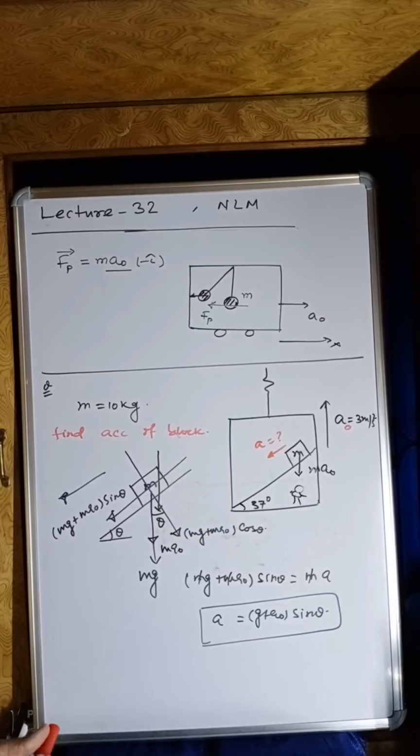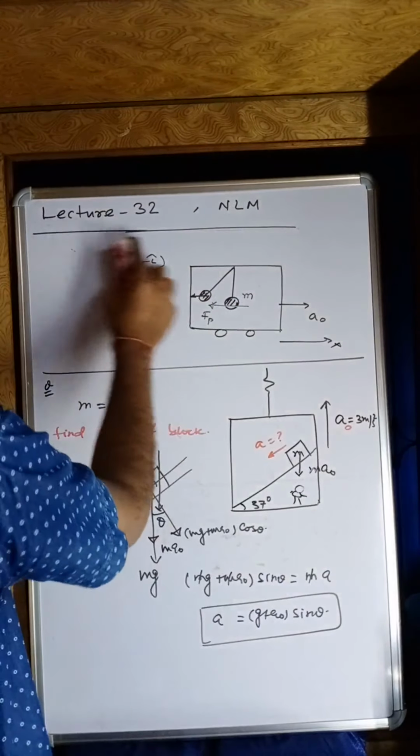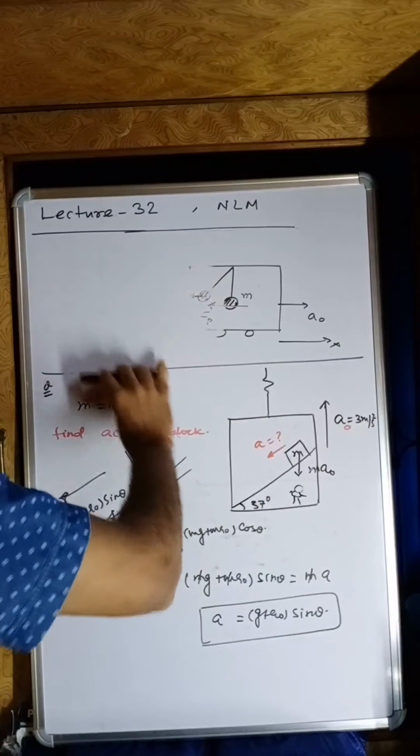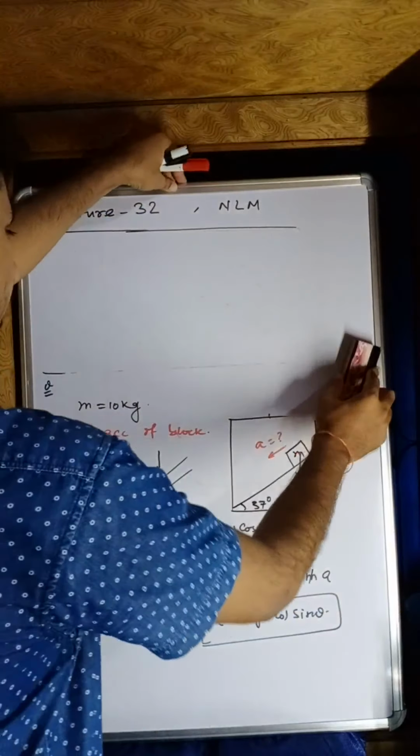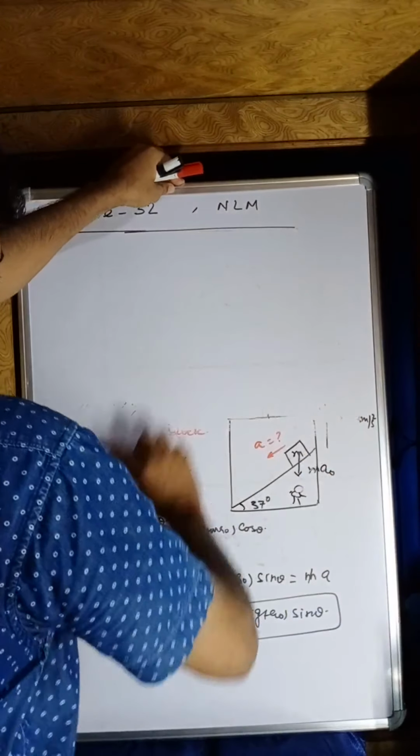Okay. So, I'm going to give you the next question, my dear student. Look at here. Very slight I will change in the same question that we have solved right now.